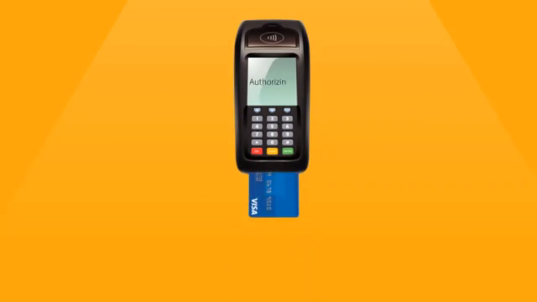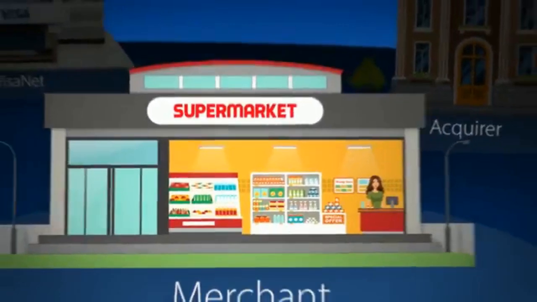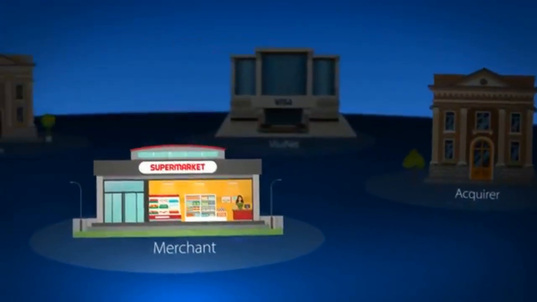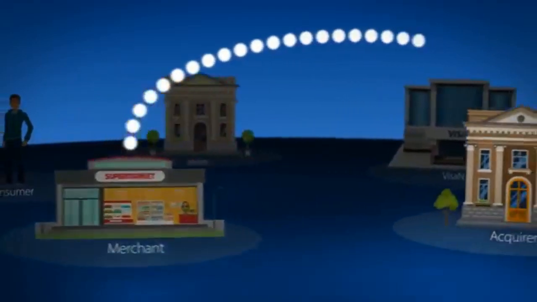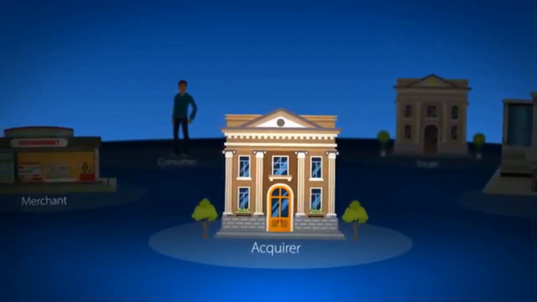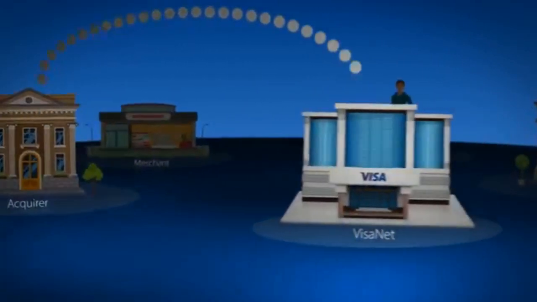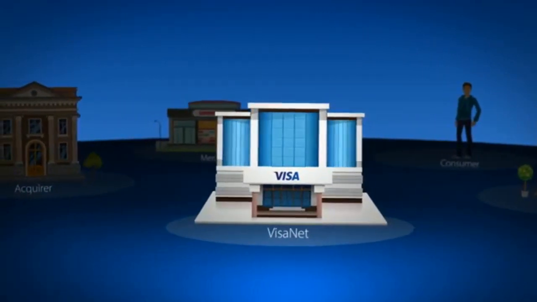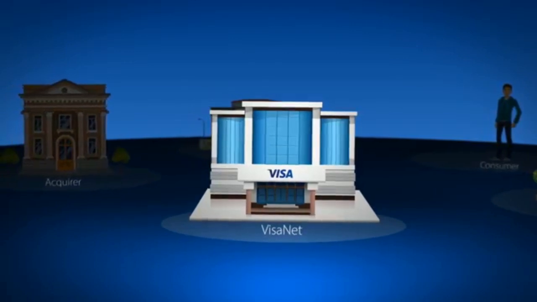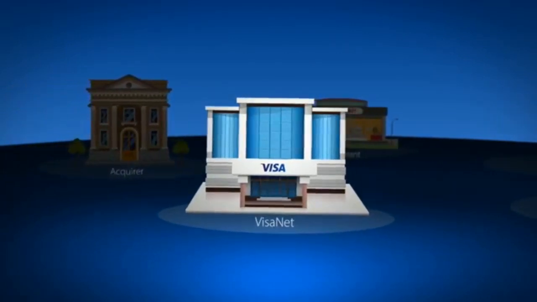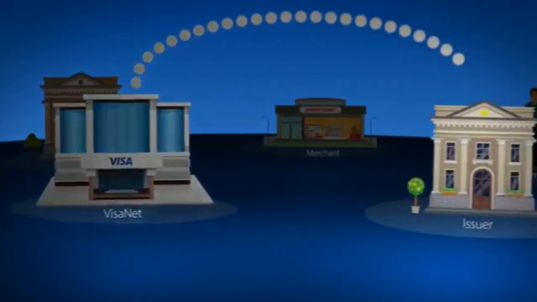Once the card is read by the point-of-sale device, a digital message containing the details of the transaction along with the consumer's account information is sent from the merchant to the acquirer. The acquirer will format the details of the transaction and then send the message to VisaNet. When VisaNet receives the message, it will run the message through a series of risk and fraud prevention tools to ensure that the transaction is valid and secure. The request is then routed to the issuer.